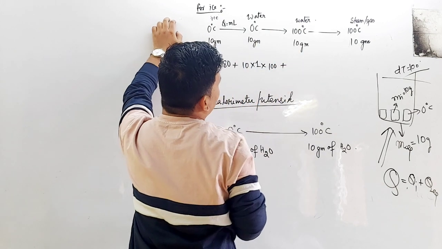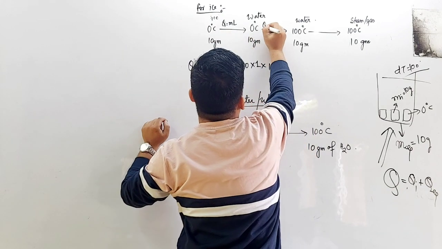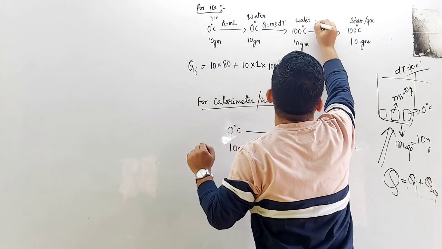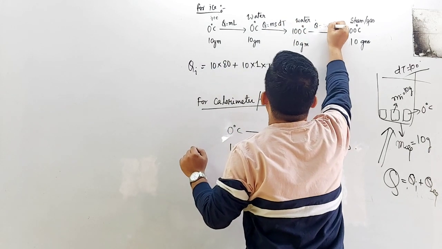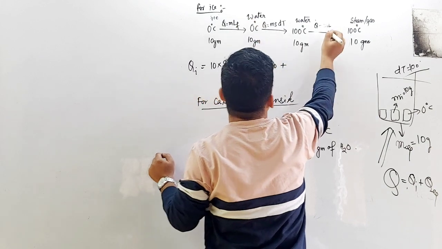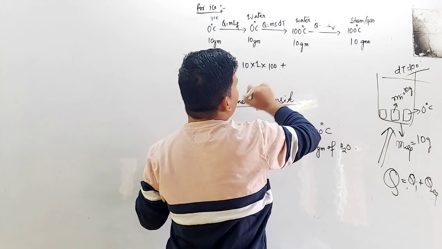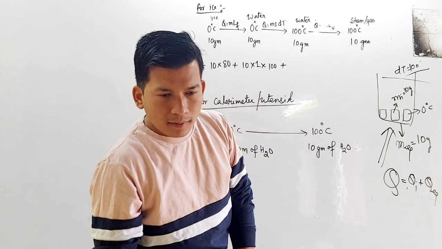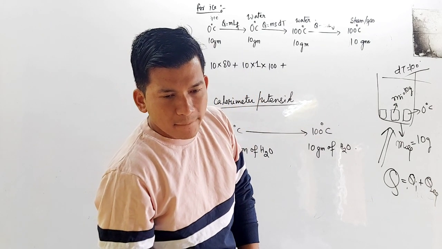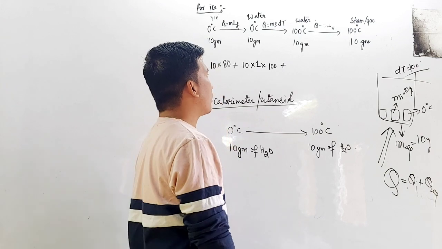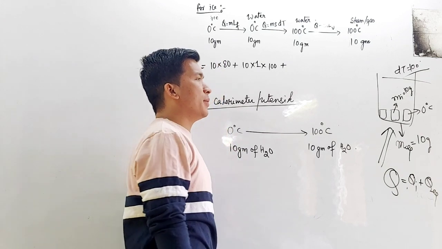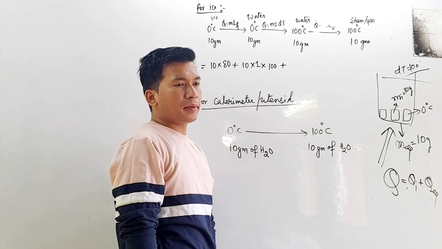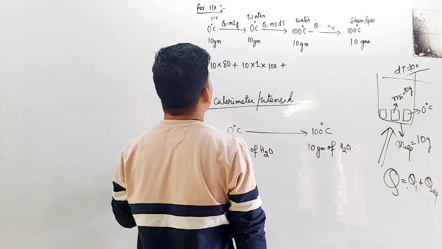Here we apply Q is equal to M S delta T, and there we will be applying Q is equal to M L. This is latent heat of fusion, this is latent heat of vaporization, and we have the specific heat C. The value is 540, or 536.